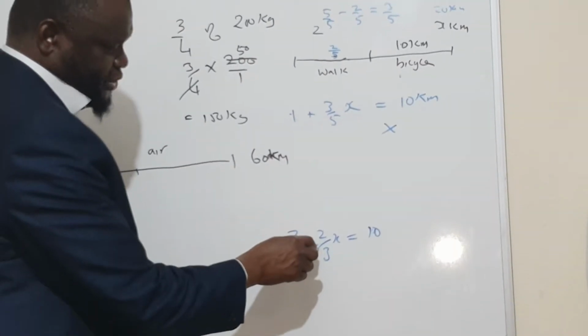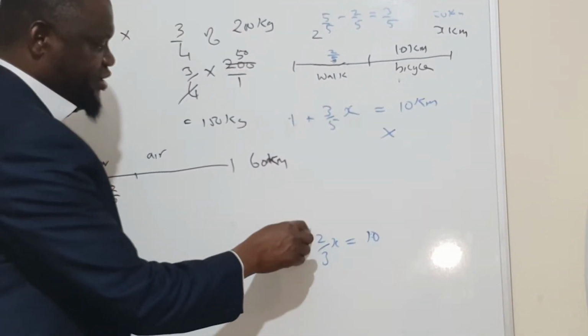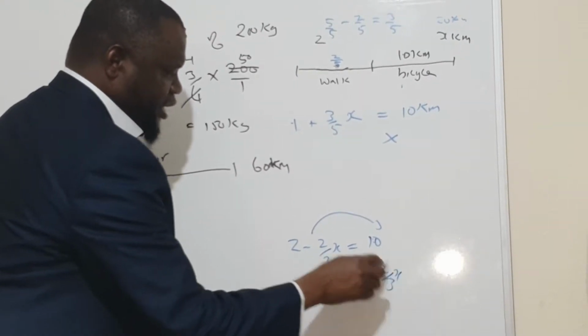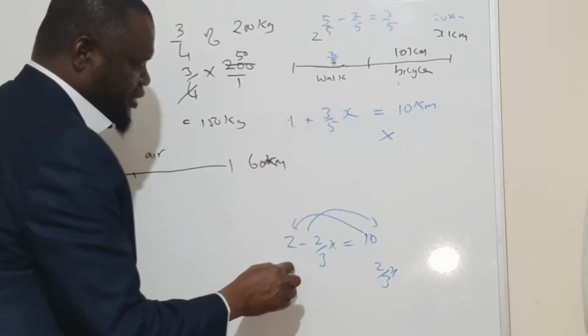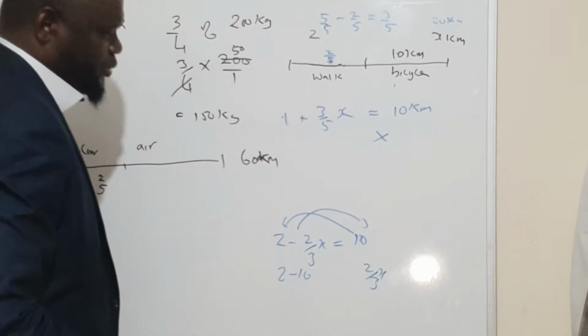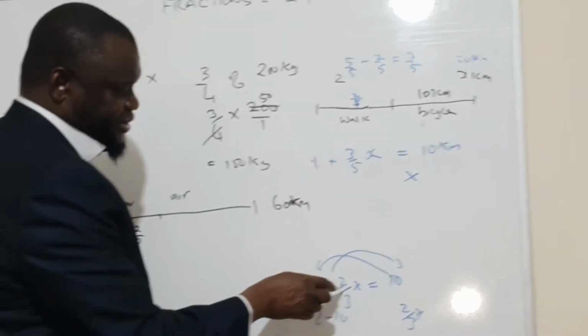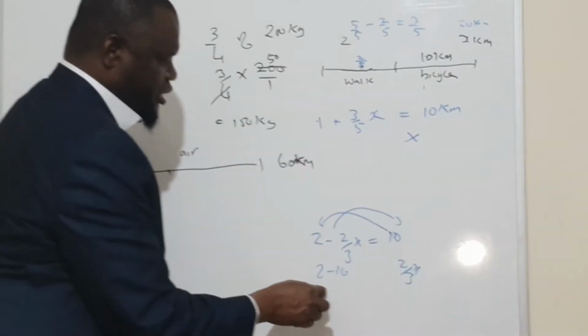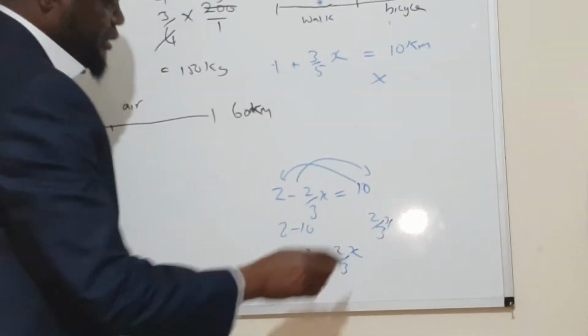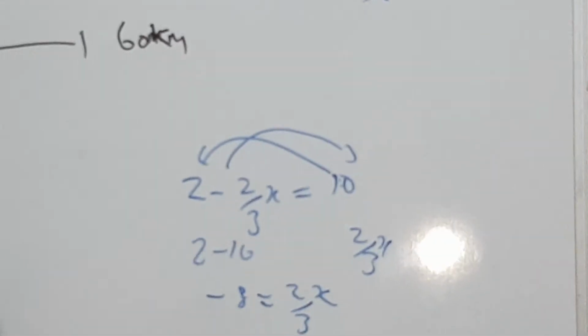Since this is plus, you move this over the equal sign, so it becomes minus. So you go 2 minus 10. You get it? Remember, the minus is for this, not for that one. So you're going to get minus 8 is equal to 2/3x. Then you can sort this out, okay?